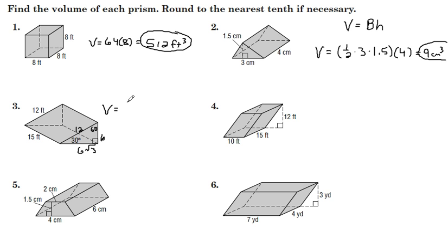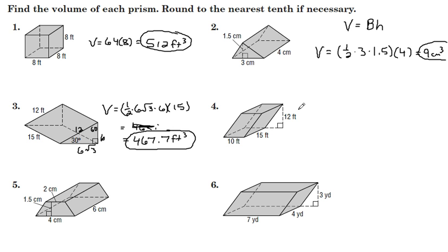We have 1/2 base times the height of the triangle, and then the actual length or height of this prism is 15. So putting it all together, 1/2 times 6 radical 3 times 6 times 15 comes out to 467.7 cubic feet.